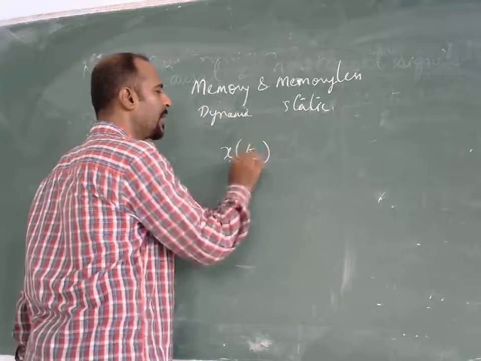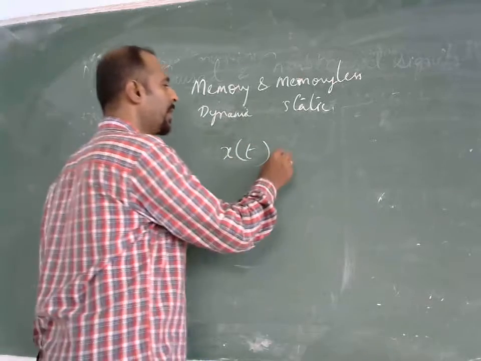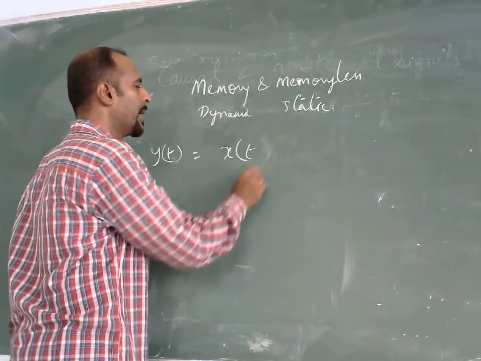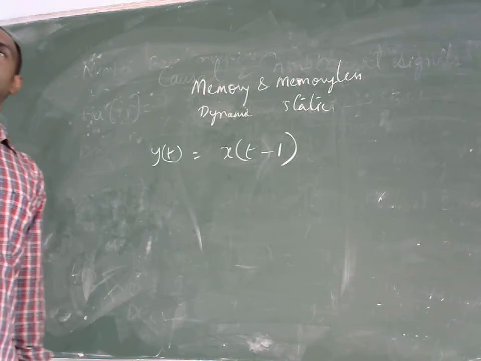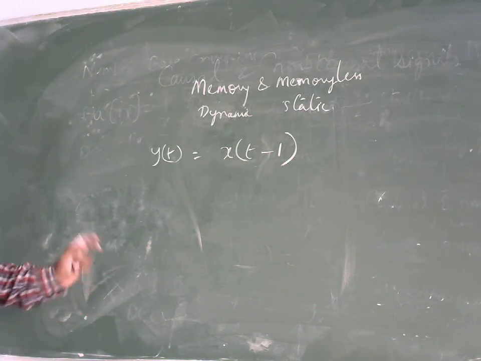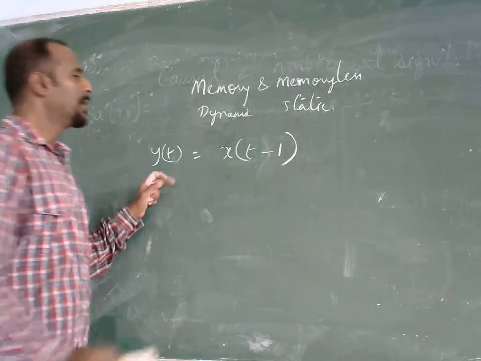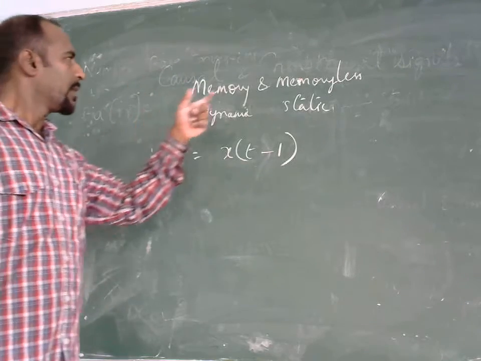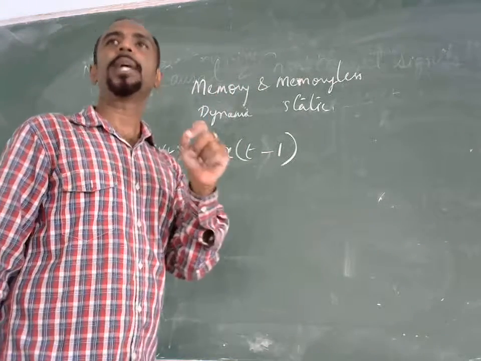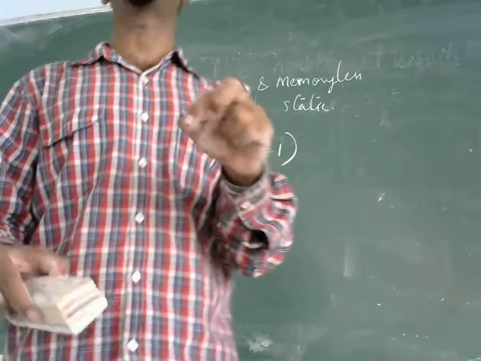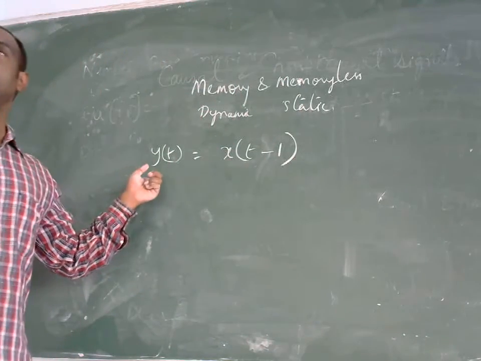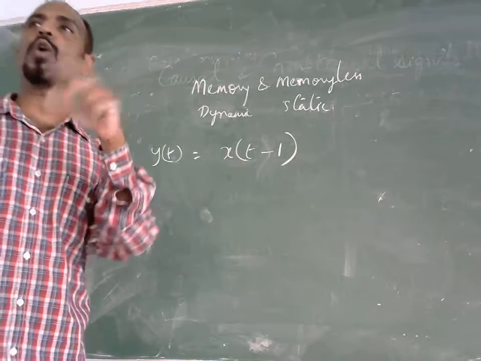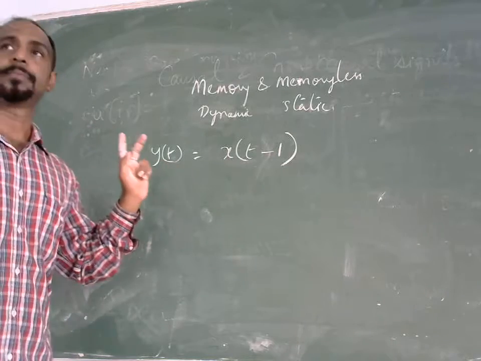So for example, if you are dealing with a continuous time signal x of t, y of t is equal to x of t minus 1. When we say a system is memoryless, it depends only on the present value of t for a continuous time signal, and not on the past or the future values of t.